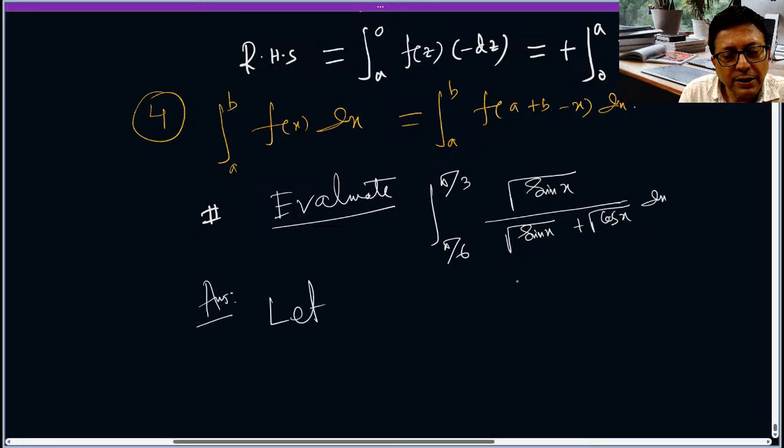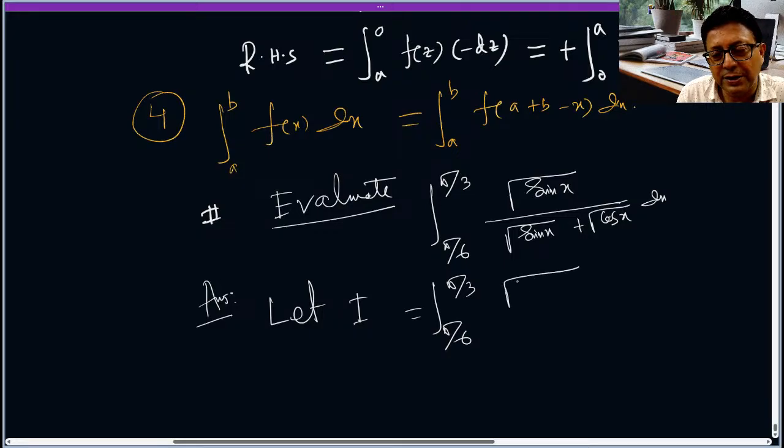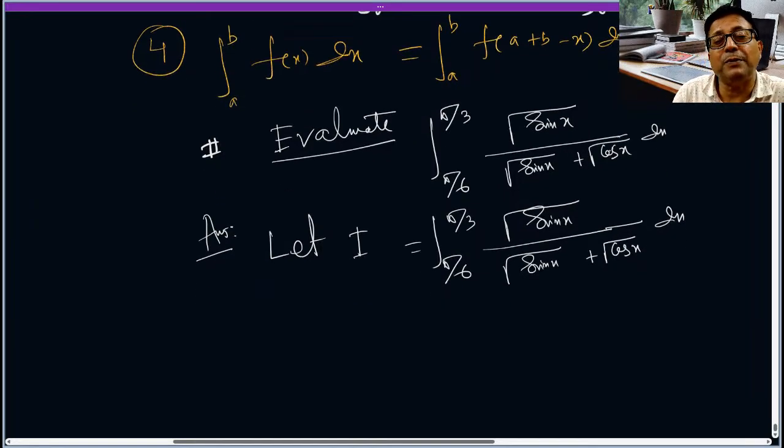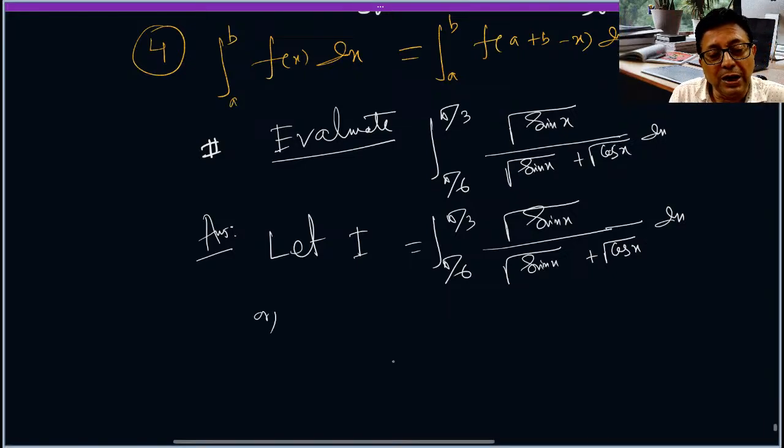Again you let I equal to the integral from π/6 to π/3, but you need to know both the properties, no? Because using the first one you cannot do this one, second one you need. Similarly, some problems can be done with the help of the third property only, we need not use the fourth one. Or I will be what? What is a and b over there? It is a plus b minus x.